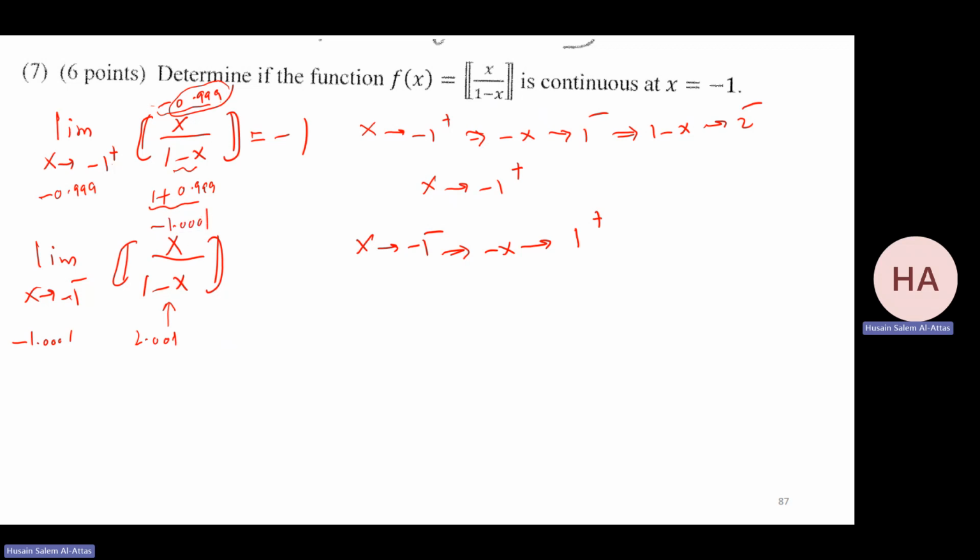The same thing. You have minus a small number, minus point something. So this is -1. Okay.